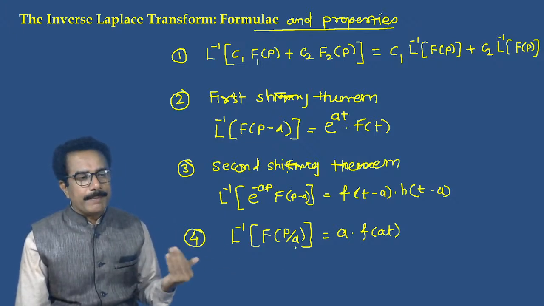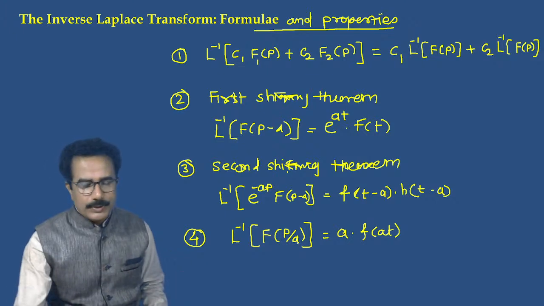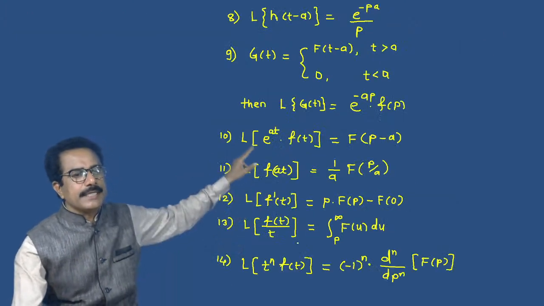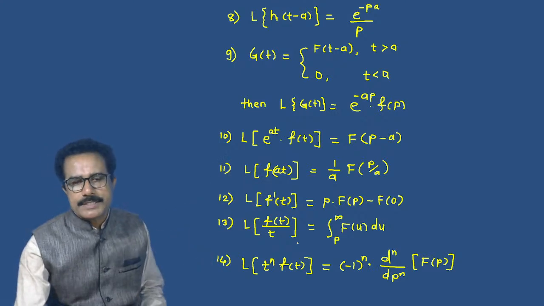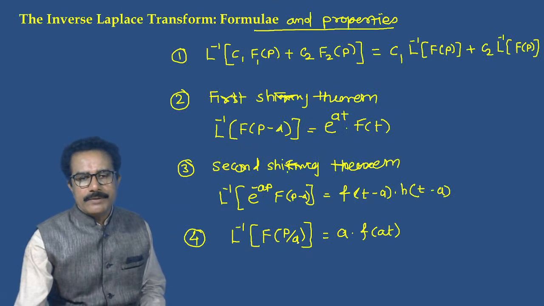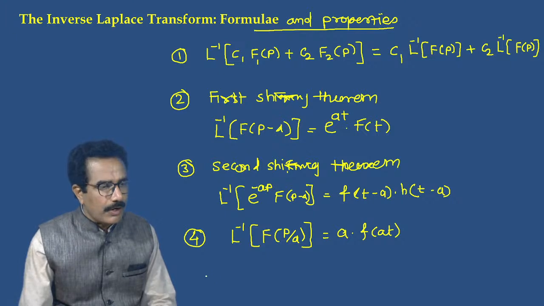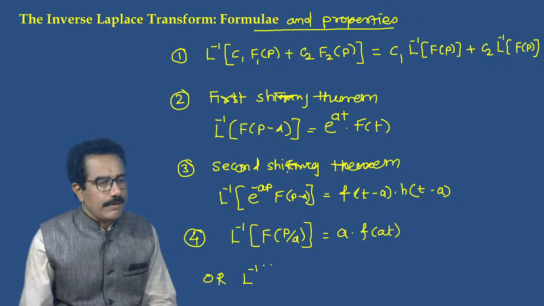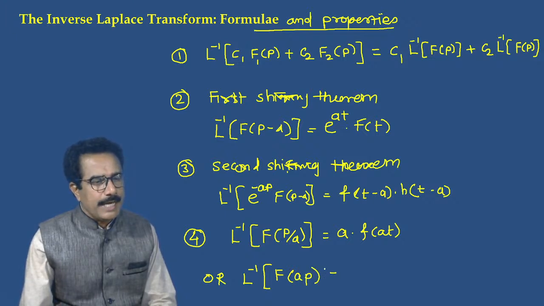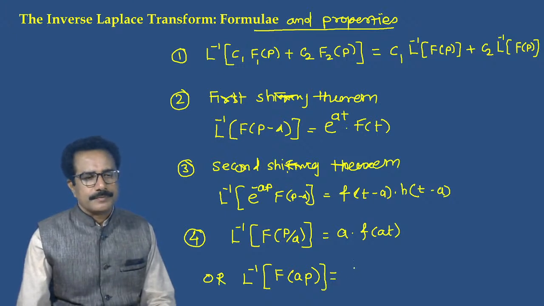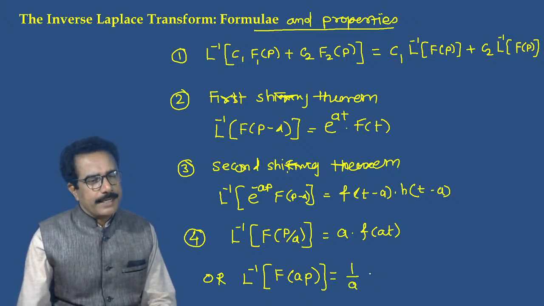So in the inverse Laplace transform, we can write L inverse of capital F of a into p, which can also be written as 1 by a small f of t by a.